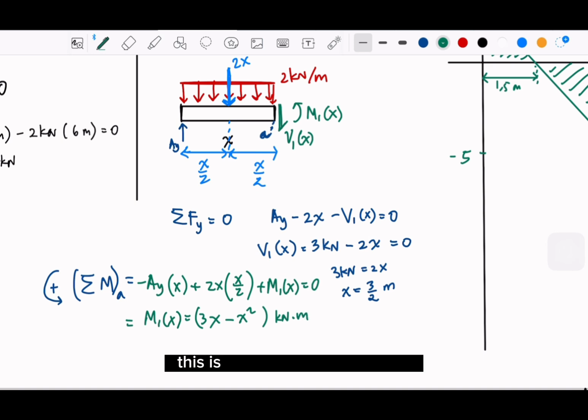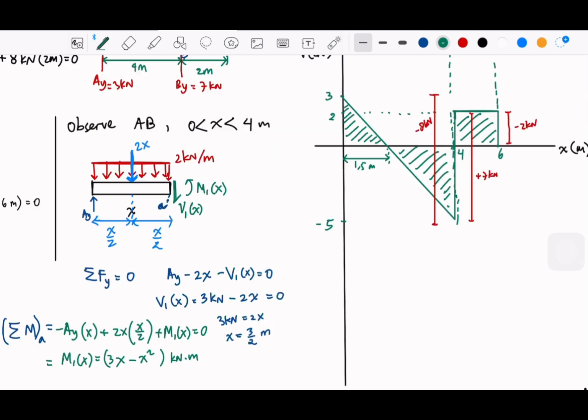This equation will be useful for the moment diagram that we are going to draw, because we are going to see that the moment also depends on some distance x, especially for the distributed loads. And we are going to find which distance gives 0 for the moment.